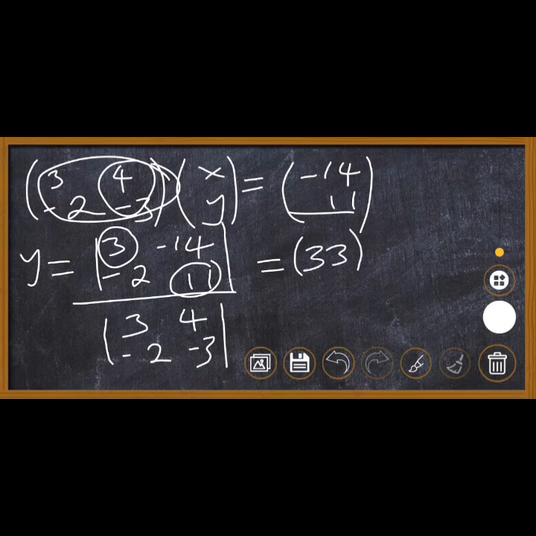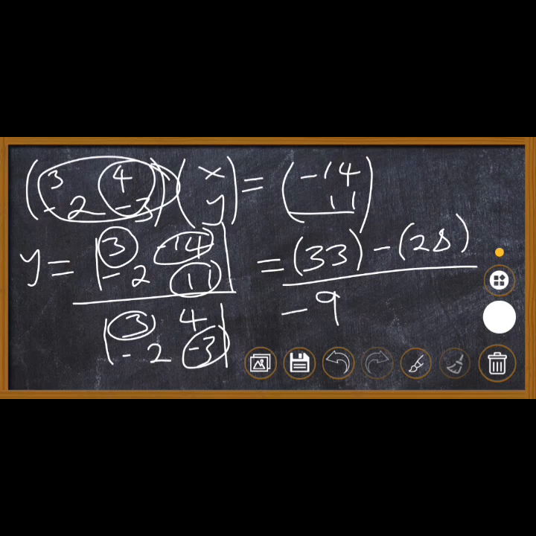So 33 minus, what is 14 multiplied by 2? It's 28. Negative multiplied by negative is positive, so 2 multiplied by 14 is 28. So we're going to have 28 up there. Then over, 3 multiplied by negative 3 is negative 9. Then minus here, what is 4 multiplied by negative 2? We're going to have negative 8.